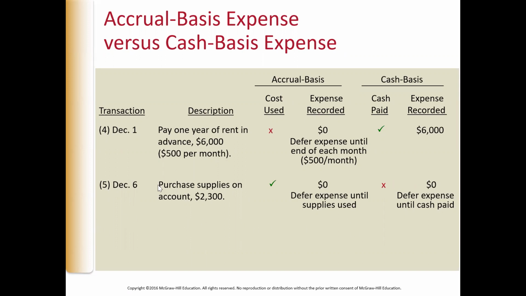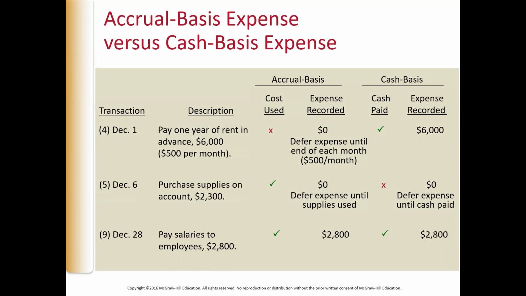So for purchasing supplies on account, we wouldn't record either as an expense. One, because those supplies weren't used under the accrual basis, so they're an asset until we use them. And the cash basis, we don't record that because we didn't pay for the supplies yet. Next, when we pay salaries to employees for $2,800, under the accrual basis, we will record that expense when we owe them.